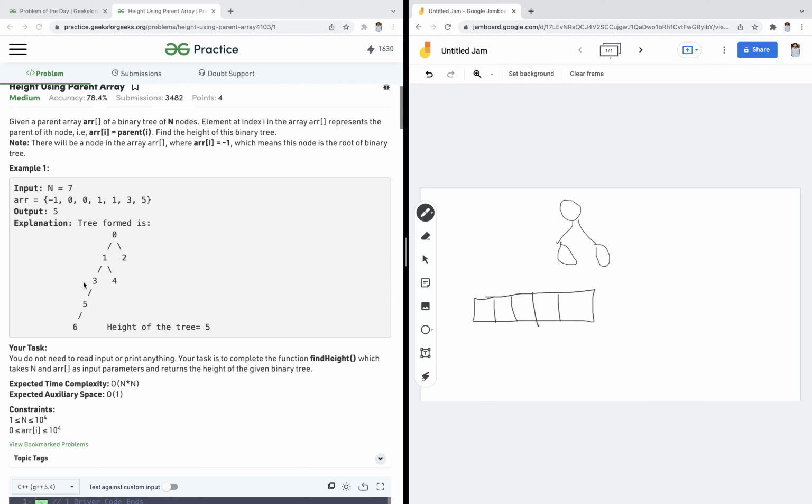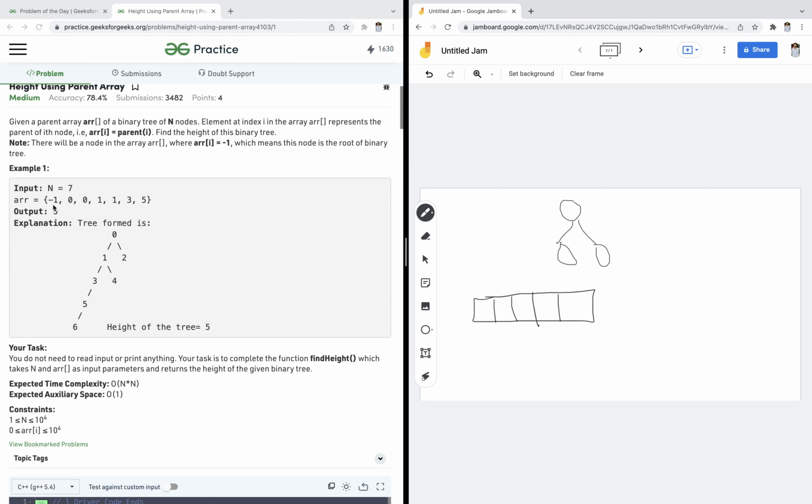If we observe this pattern in this array, 0 is connected to 1, then 1 is connected to 3 and 4, then 3 is connected to 5, and 5 is connected to 6. So this is the chain. If anyone is thinking that we have to start with the initial first index, I don't know if there is a chance to solve this problem that way.